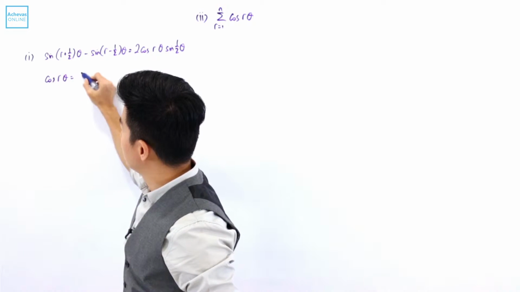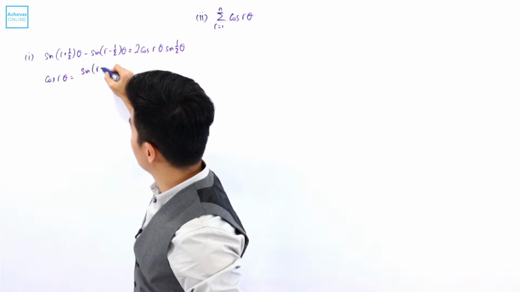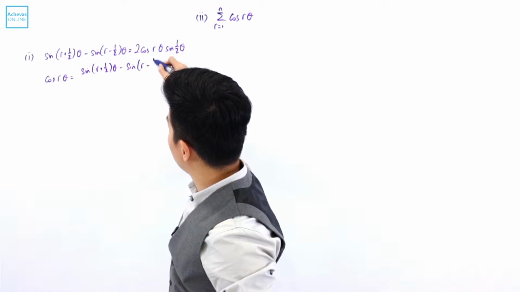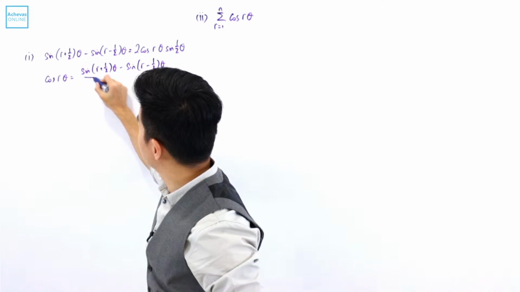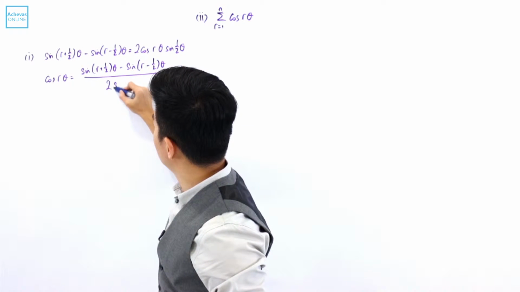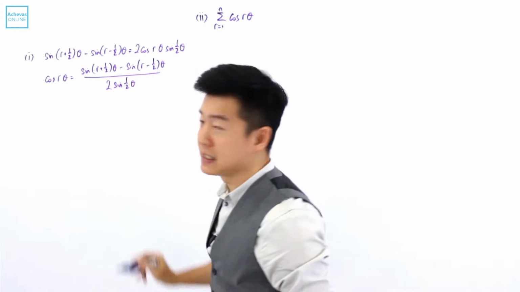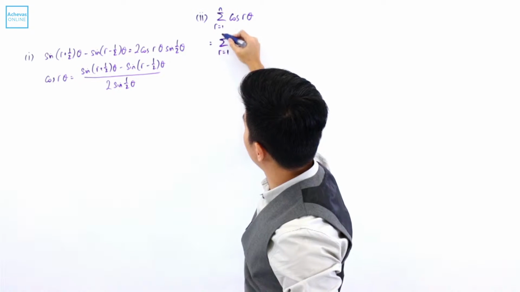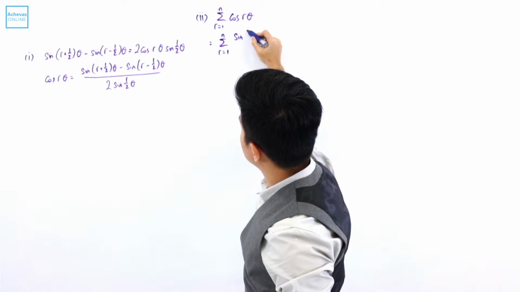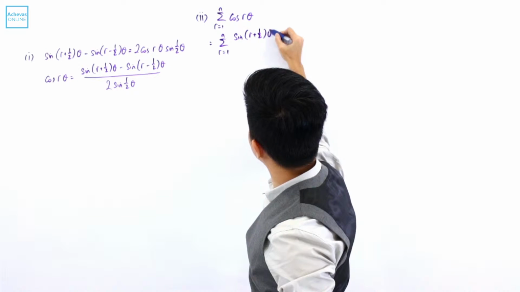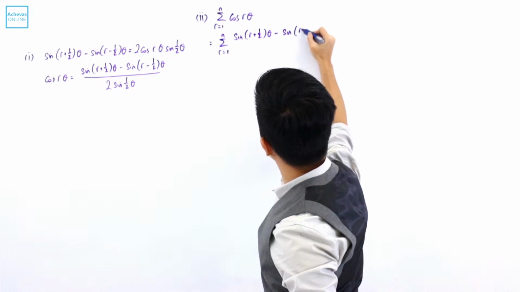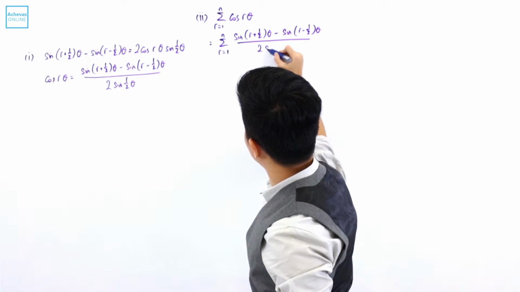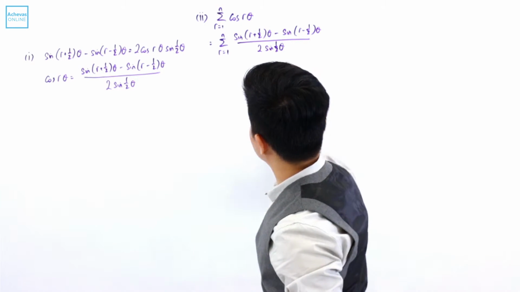Cosine r theta is equal to sine of r plus half theta minus sine of r minus half theta divided by 2 sine half theta, which means that this can also be re-expressed as summation from 1 to n of sine r plus half theta minus sine r minus half theta divided by 2 sine half theta.